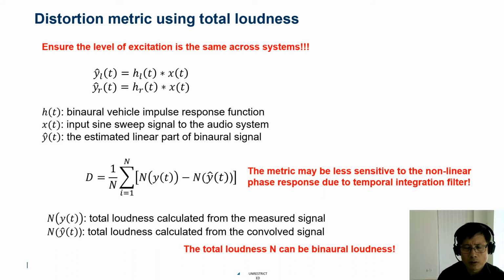And then the original signal y(t), which is recorded inside the cabin, is used to calculate the total loudness N of y(t). The difference between these two, and then taking the mean value of that, is the proposed metric in the following study.